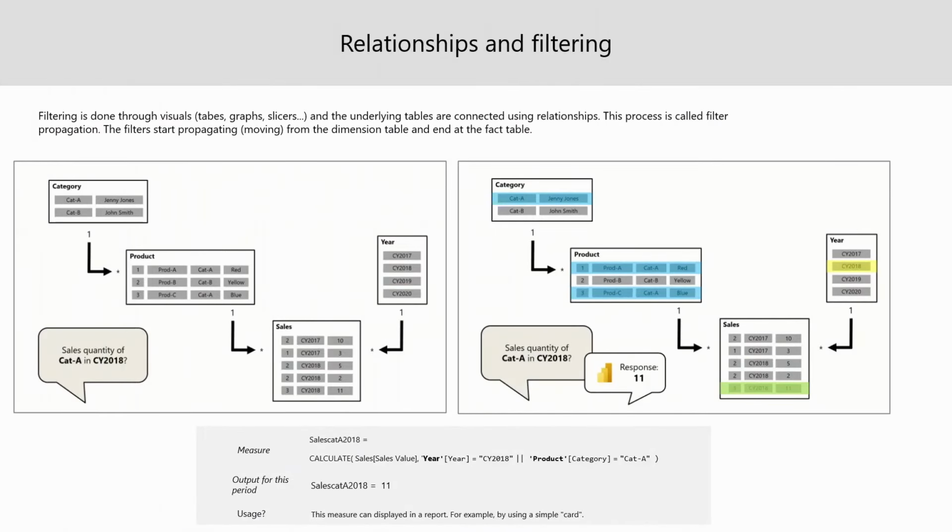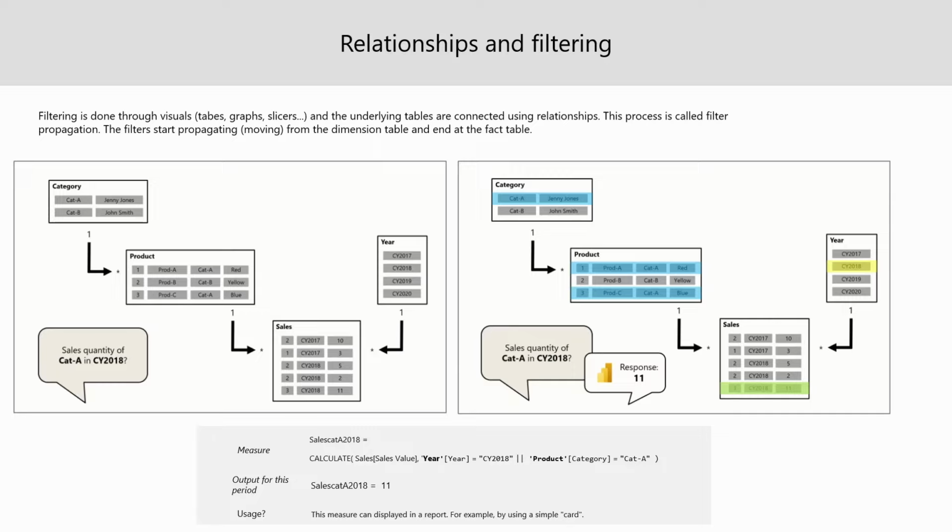Now, I've already quickly mentioned filter propagation. Filtering is done through visuals, and the underlying tables are connected using relationships. This process is called filter propagation. The filters start propagating, or moving, from the dimension table towards the fact table.